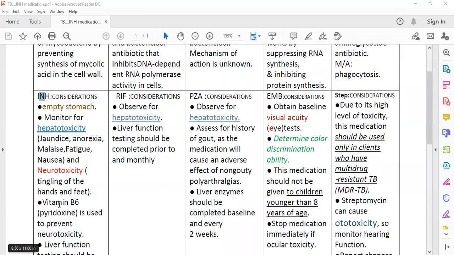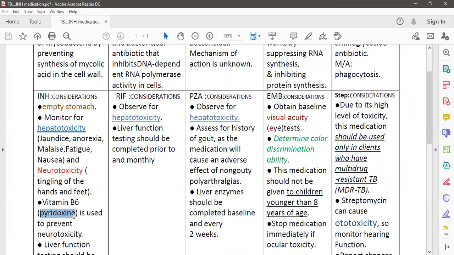So how can we prevent the neurotoxicity? By prescribing vitamin B6. Another name for vitamin B6 is pyridoxine, right? So when you prescribe isoniazid, at the same time you give pyridoxine or B6, because pyridoxine can prevent neurotoxicity or neuritis, right?